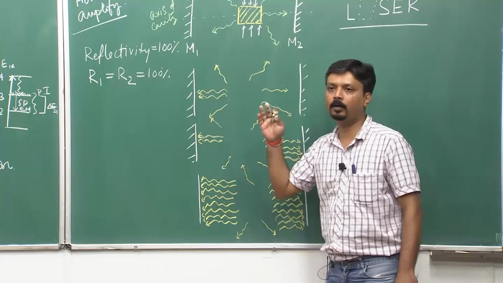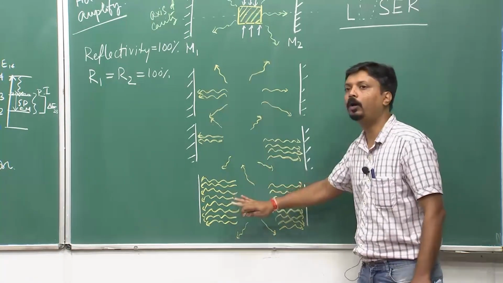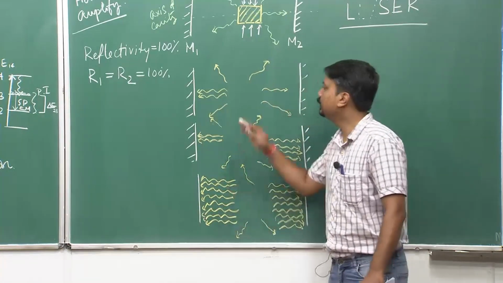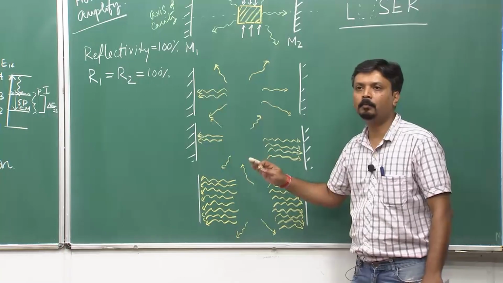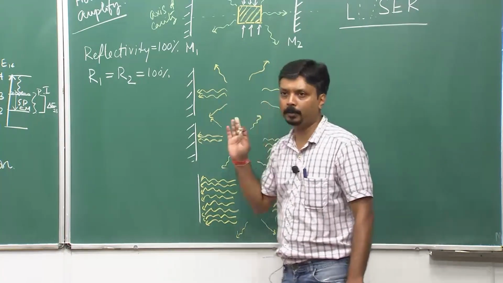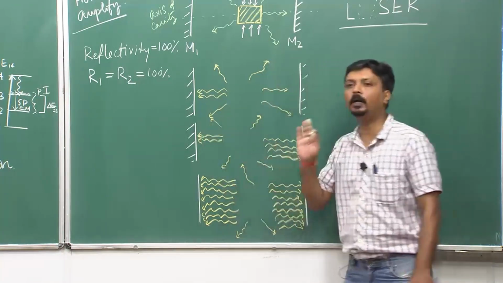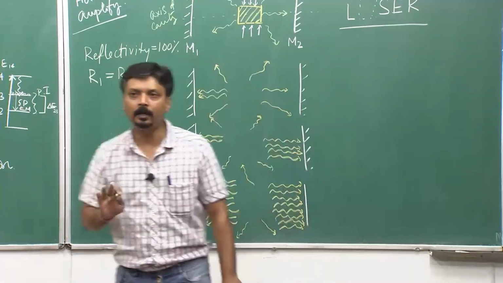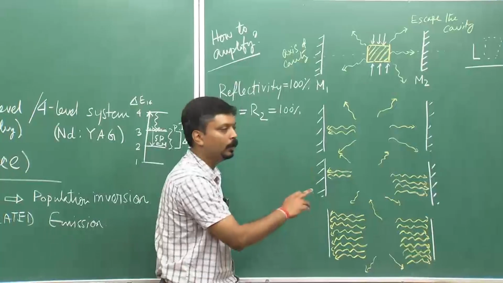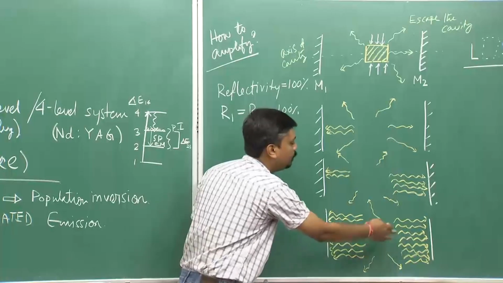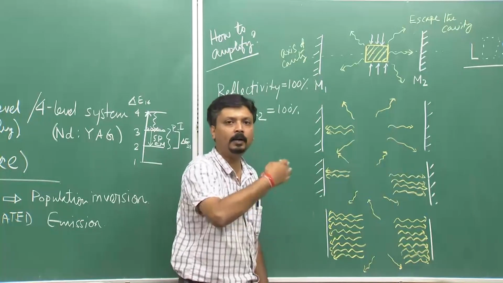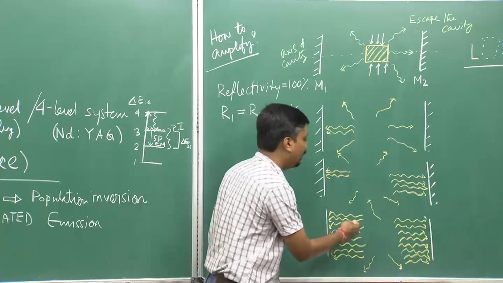So, the stimulated photon density exceeds the spontaneous photons by a huge number, okay? And that is what we want, and this is what is called amplification, right. I started with one spontaneous photon going in there, and then I am getting more and more. Every round trip it is getting multiplied, multiplied, multiplied. That is what is called amplification.